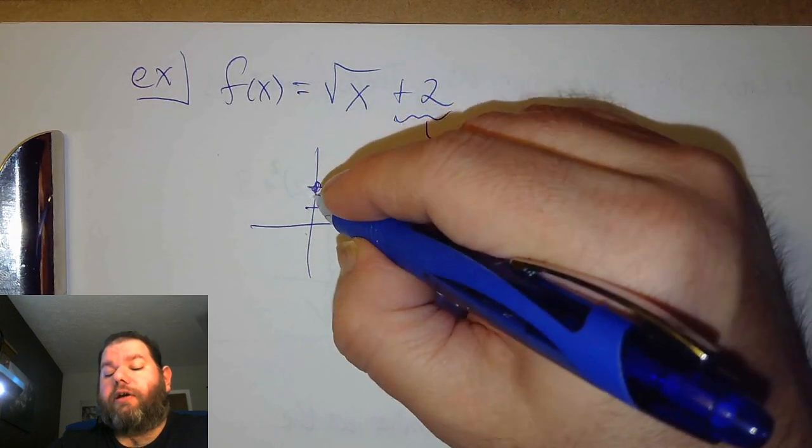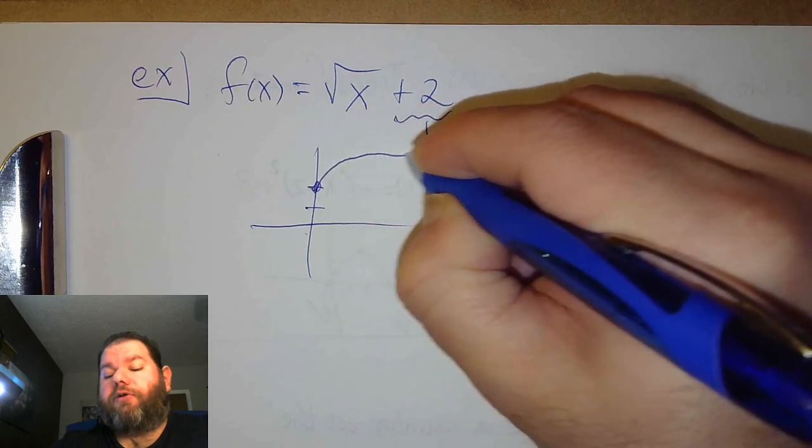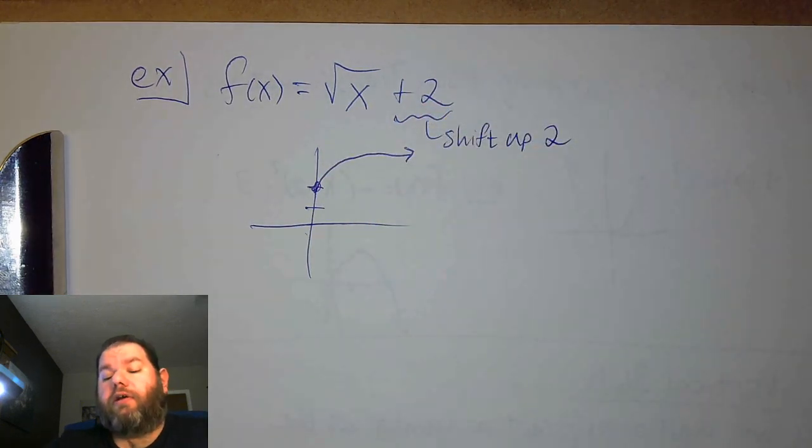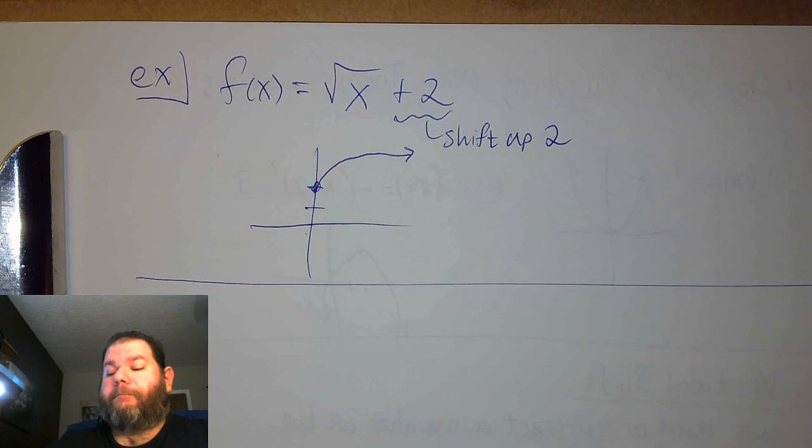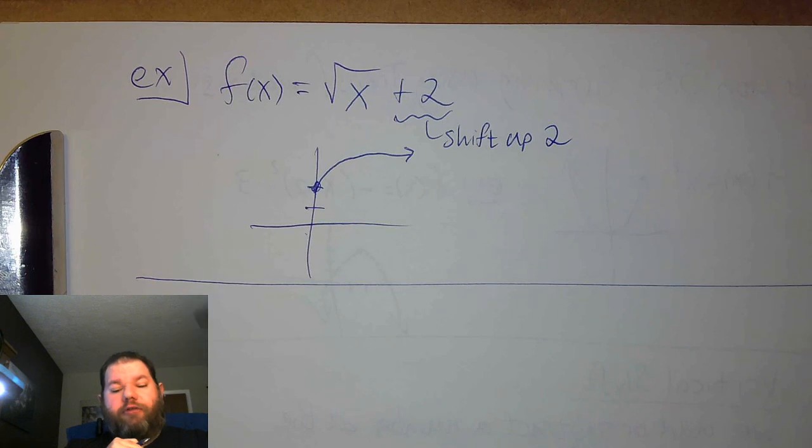And we draw the kind of typical square root of x shape, which is a curve that goes up and over to the right from the starting point. Remember that square root of x is basically the top half of a parabola that points to the right. Okay. So vertical shift is, I think, pretty straightforward, and I hope y'all are seeing that just fine right now.